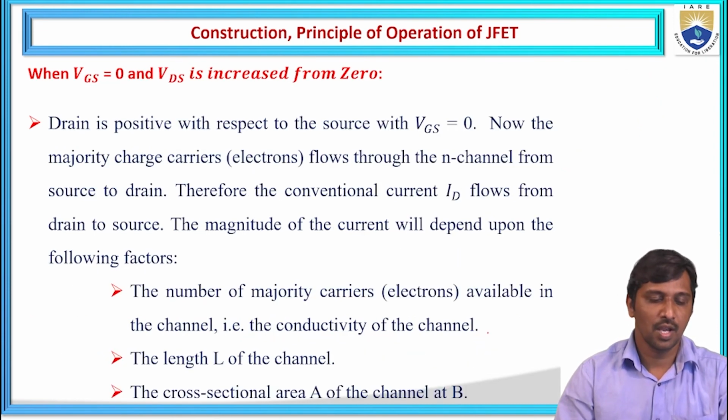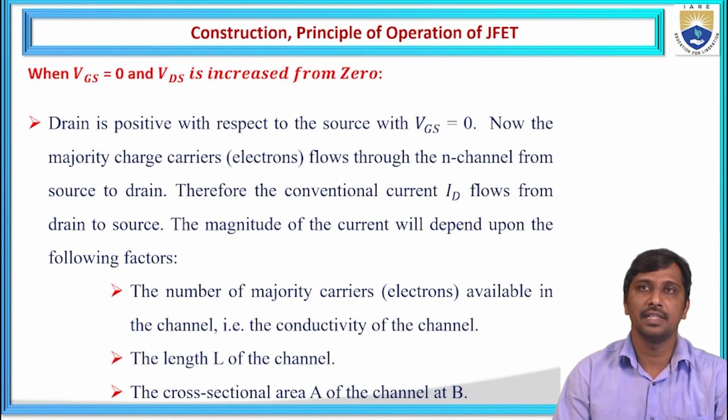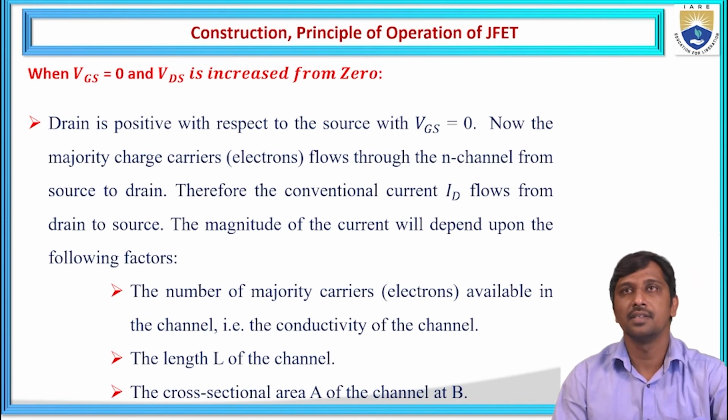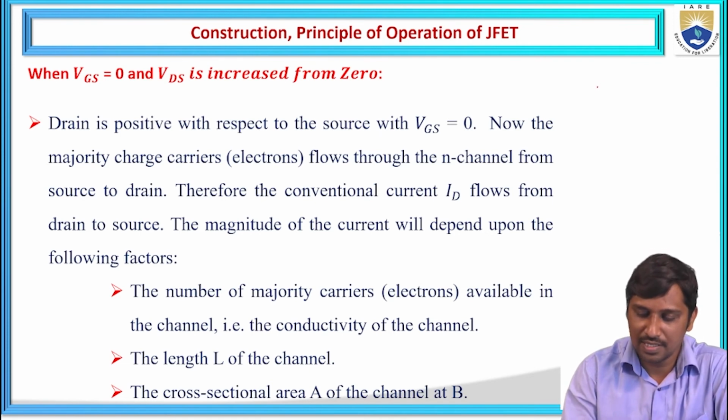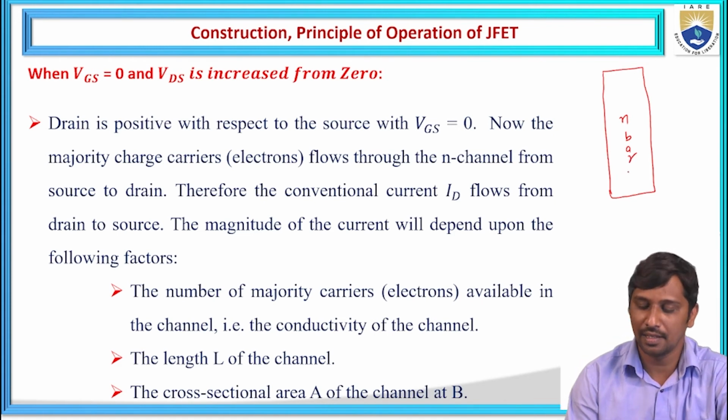Now I'm going to change: VGS is 0 and VDS is increased from 0. For this case, again, let us consider an N-type bar. This is the N-type bar, also called the N channel.